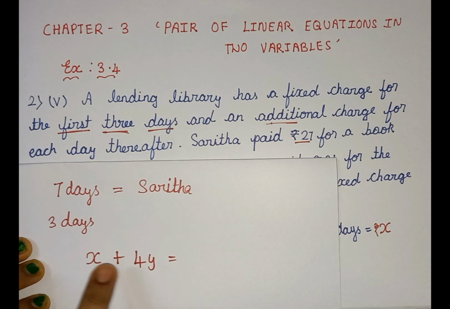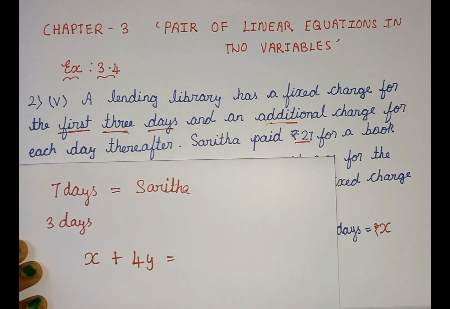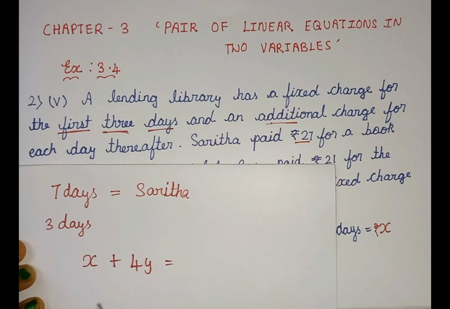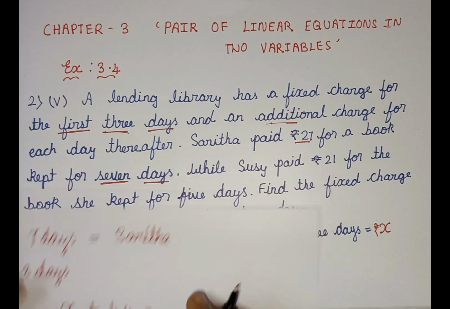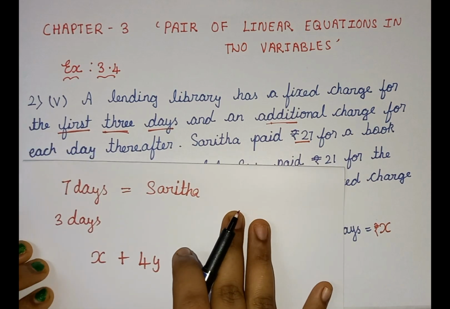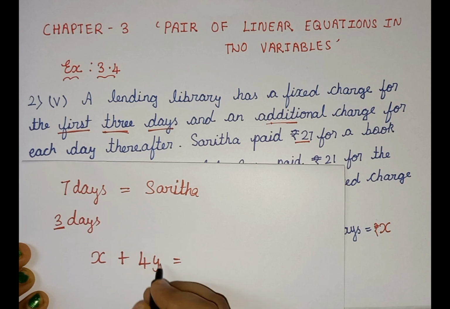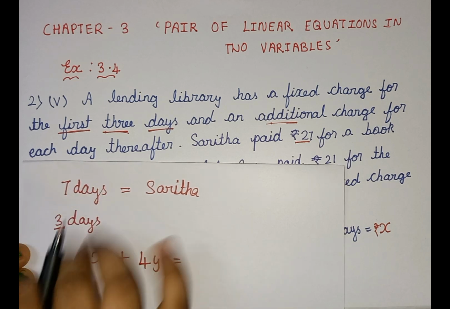Okay, so now we are forming an equation. Why did I write the sentence like this? Who is X here? X means the fixed charge, isn't it? So Sarita paid the fixed charge for the 3 days. She didn't pay additional charge for the rest of the days.